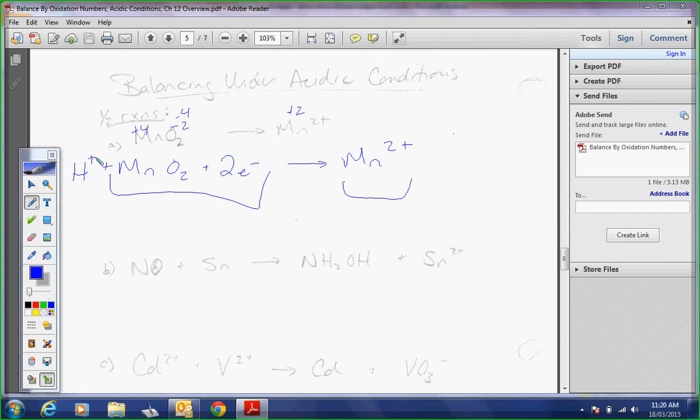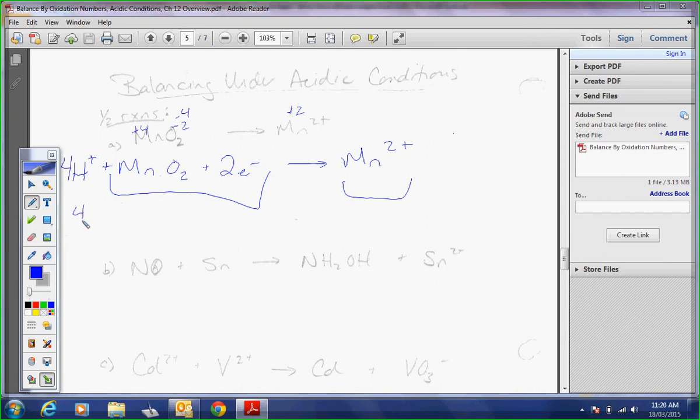Remember before you listed your entities? H+ would be an entity that I listed, so I can have it in my half reaction, just like you would have it in your data booklet. So now what? How many H pluses do I need? 2? Do I? 4. I need 4.